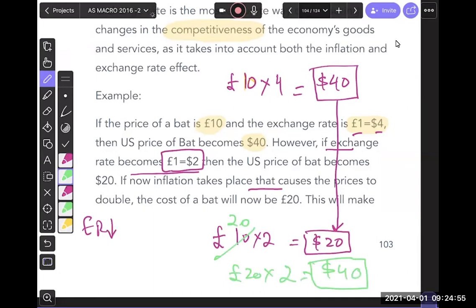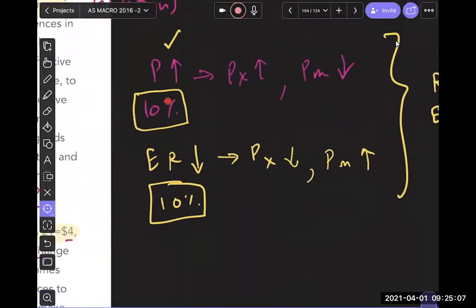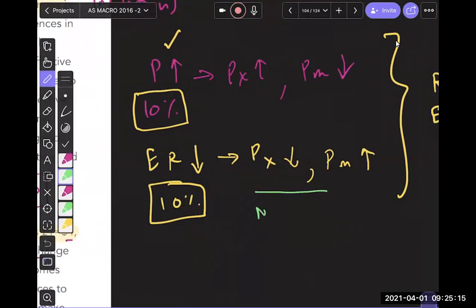What I'm trying to show you is that the exchange rate and inflation are of the same magnitude, so the price of exports is not changing. If inflation goes up by 10%, price goes up by 10%; exchange rate goes down by 10%, price goes down. Net effect, no change in the price of exports.